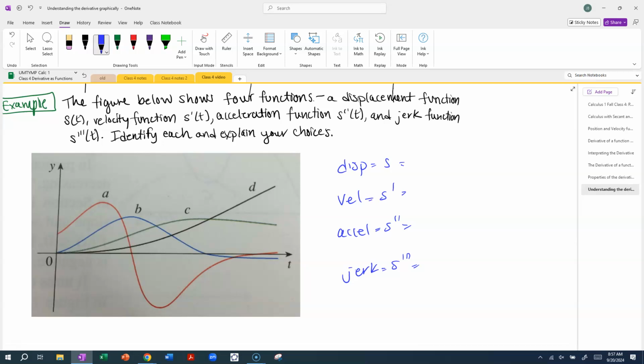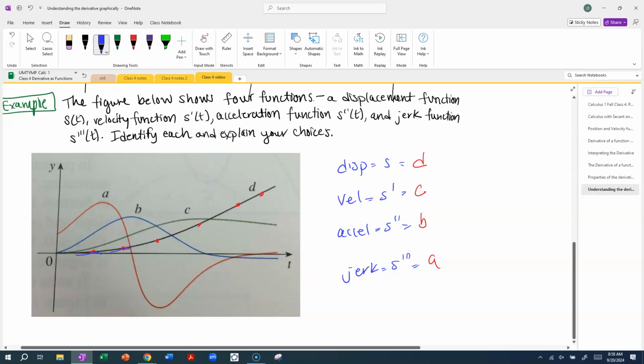If you were able to do this, the answer is that we have d as displacement, then c as the velocity, b, and then a. If you're curious about trying this, take several points, just like we did here. Start with d, and look at the tangent slope.